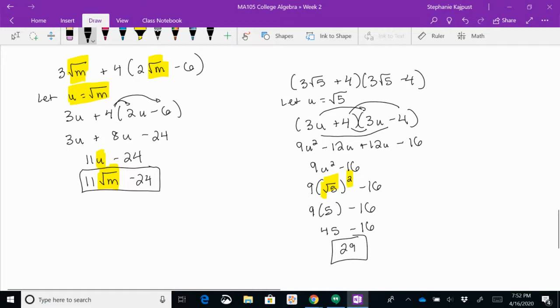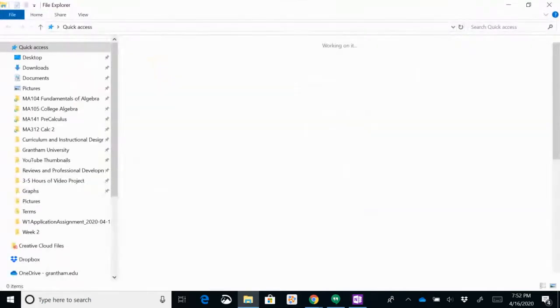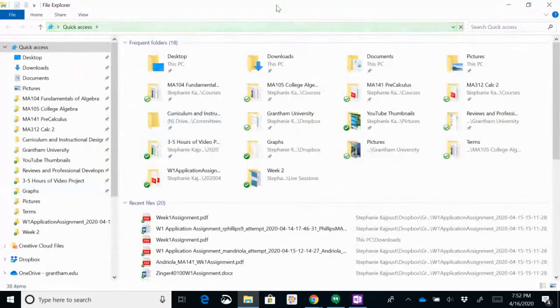Yeah. Go ahead, Rolando. Yes, something with the assignment, letter G, where they have the fraction.